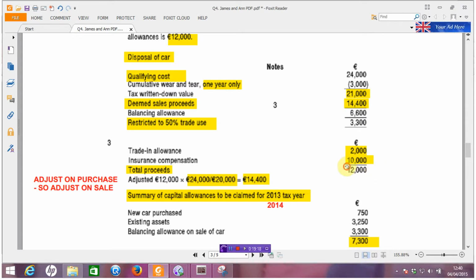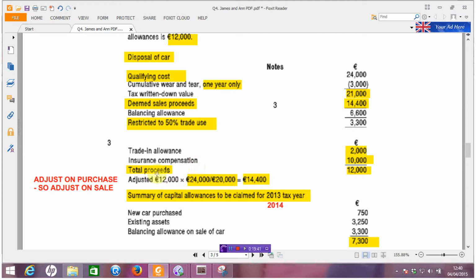So the actual amount received was 12. They could have just said the car was sold for 12,000, but in this case, they give it to you in 2 bits. So if that is the amount, the 12,000, which is the proceeds, given that we adjusted ingoing, we have to adjust outgoing.